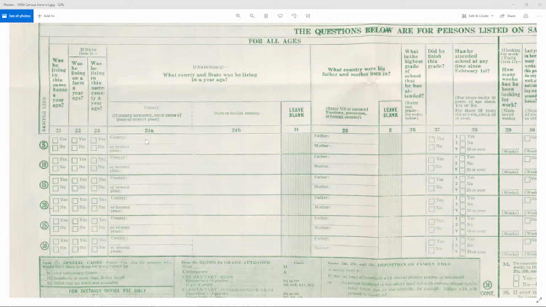So if they were in DuPage County, Illinois, they would put DuPage here, Illinois here. If they didn't know they were in DuPage County, for example, Aurora is a town that is actually in 4 different counties, including DuPage County. It's primarily in Kane County, though. But let's say that they didn't know, they would put Aurora here and Illinois here in the state.